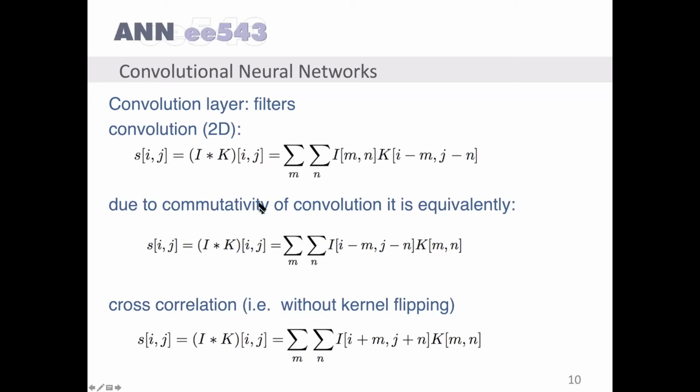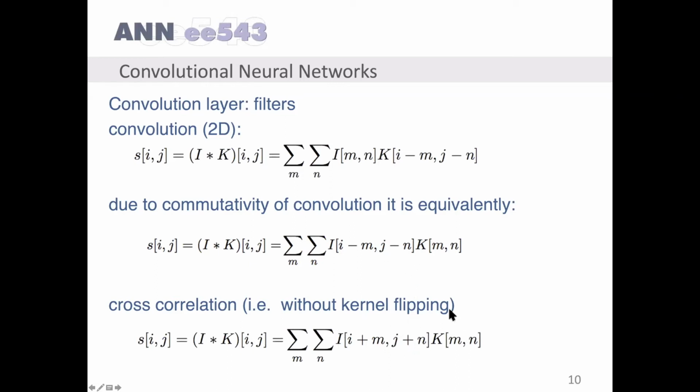Due to the commutativity of convolution, it can be written equivalently: instead of I(m, n), we have I(i minus m, j minus n), and instead of K we have K(m, n). However, if we are using correlation instead of convolution, in the formula we have i plus m instead of i minus m, and j plus n instead of j minus n.